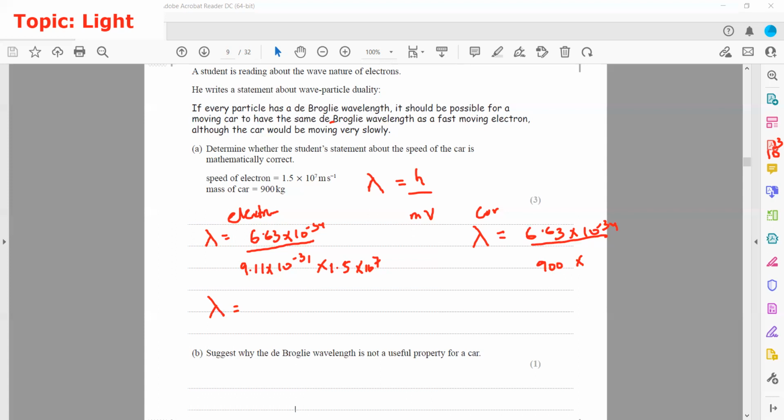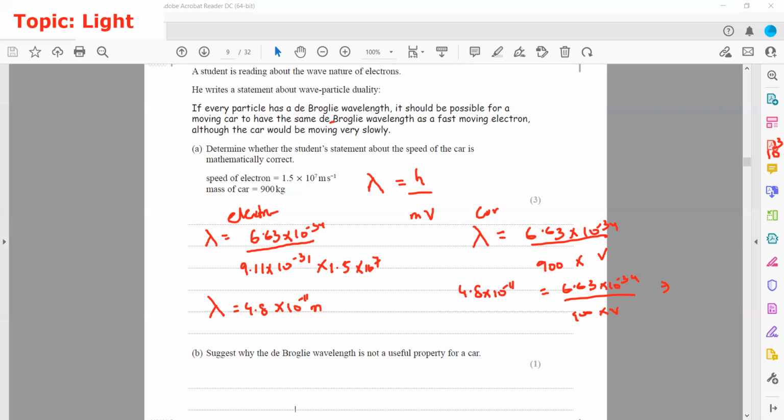Lambda is equal to h over mv. When we work out the wavelength associated with the electron, solving this gives 4.8 × 10^-11 meters. If we consider the car to have the same wavelength, it will be 4.8 × 10^-11 equals 6.63 × 10^-34 divided by 900 times v.